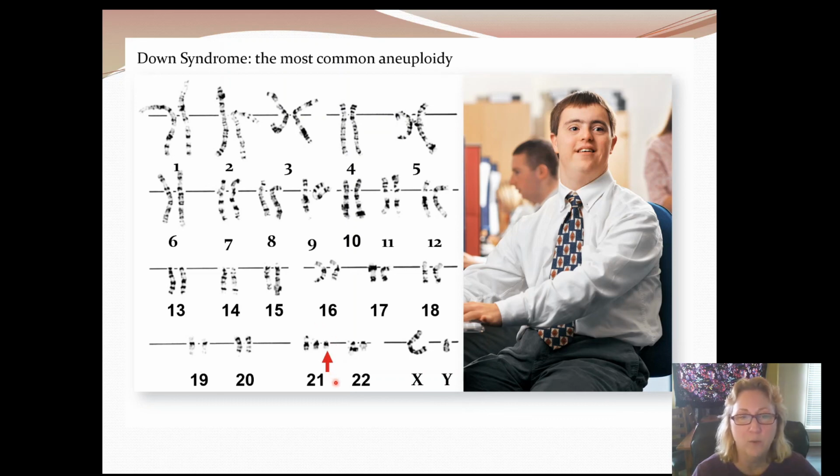Chromosome 21 is one of the smallest chromosomes and has few genes on it. It's not the smallest, but it's one of the smallest, and it's probably why this condition is survivable. But even for Down syndrome, the phenotypic range is quite large.